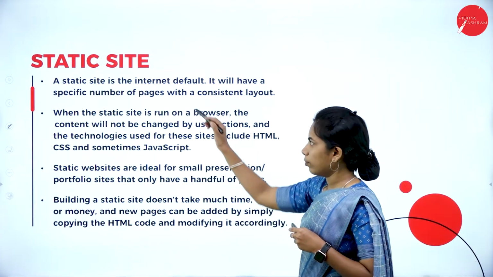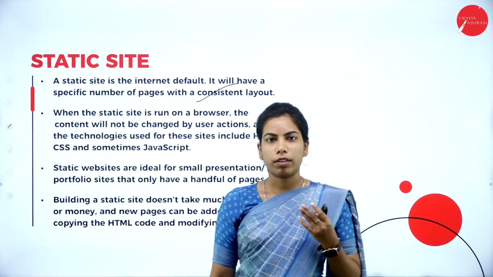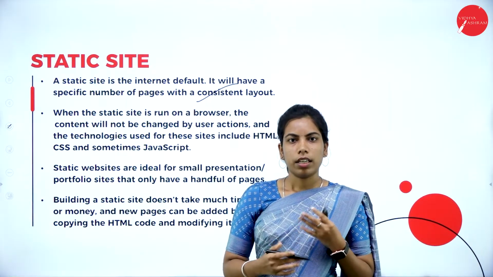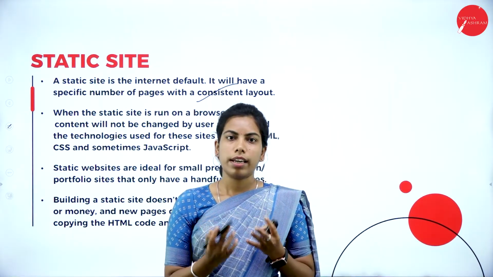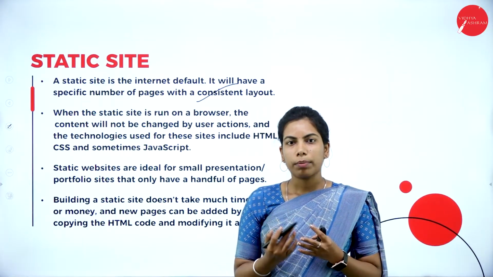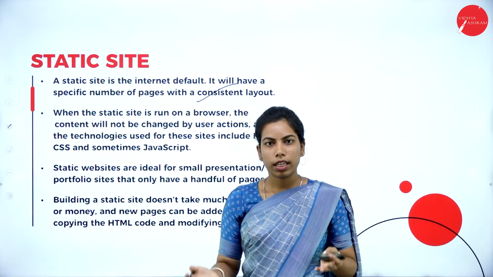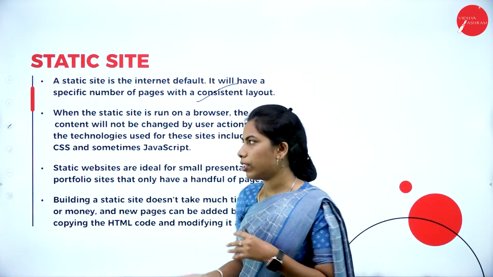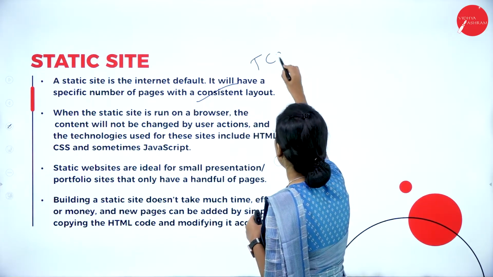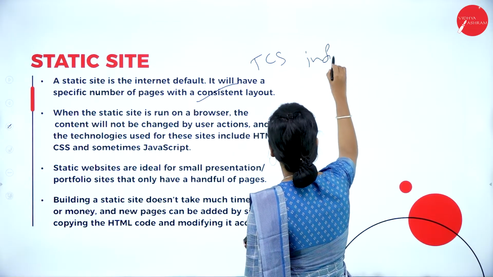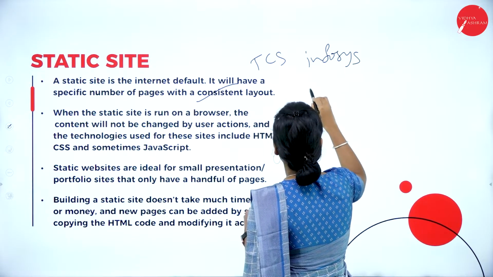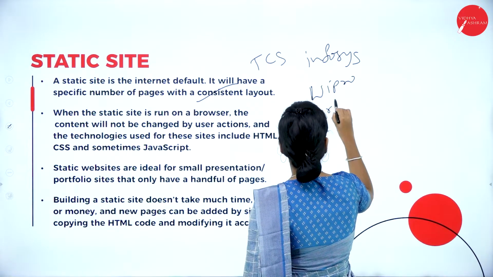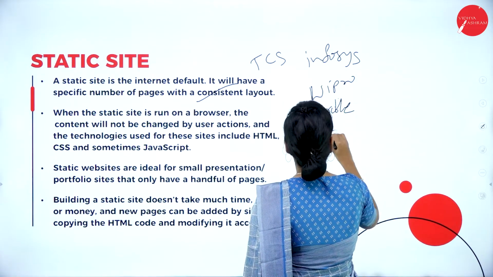So here you can see there are mainly two types of sites. One is a static site and another one is a dynamic site. The name itself says it's a static site, right? Static means stagnant, meaning there are no changes. For example, consider some IT industry websites. For example, you can consider TCS, Infosys, Wipro, Oracle and IBM.